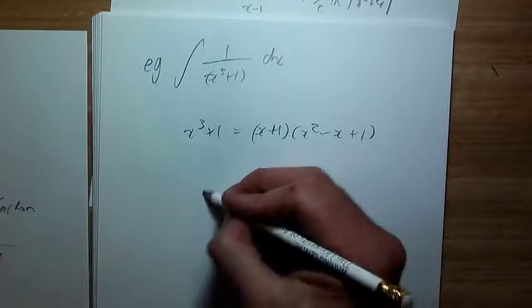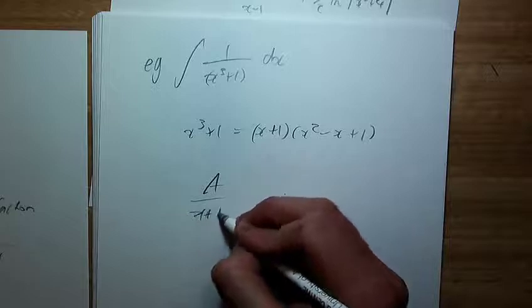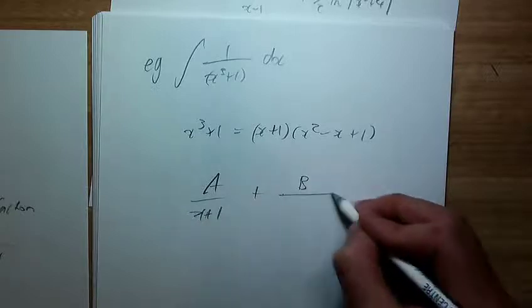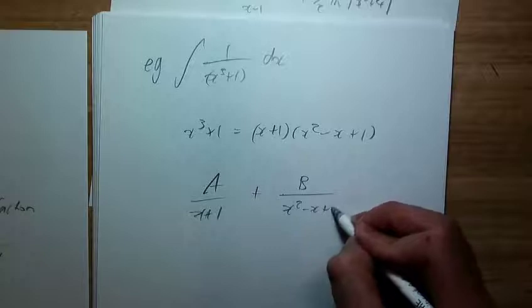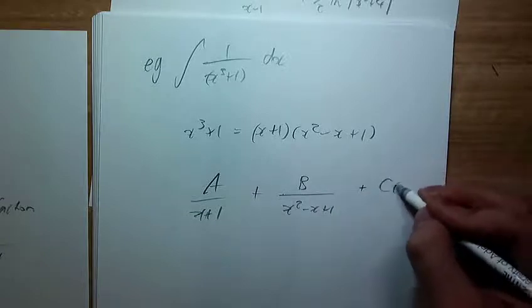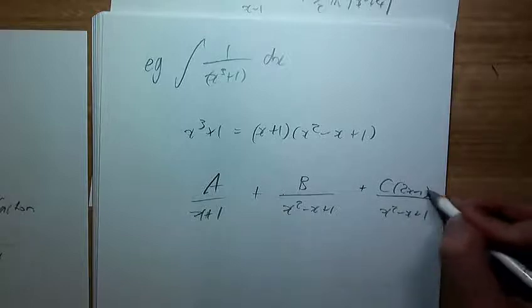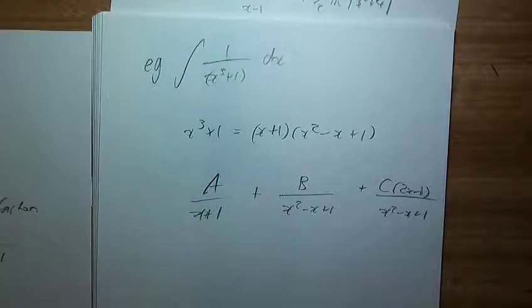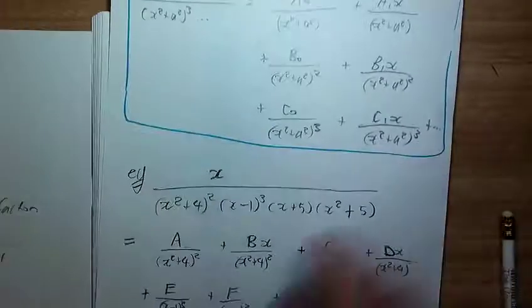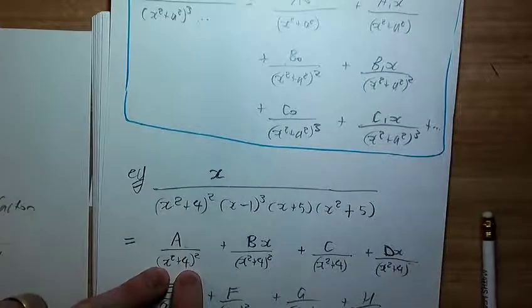And so you're going to end up with something like that. What would happen when you tried to integrate it, when you had one of these ones? How would you integrate that?